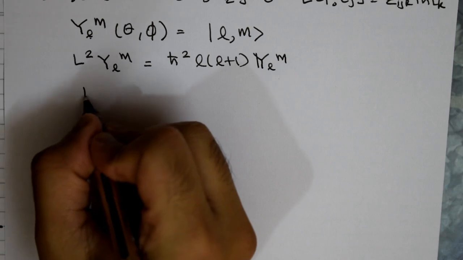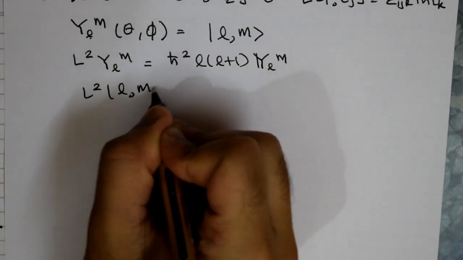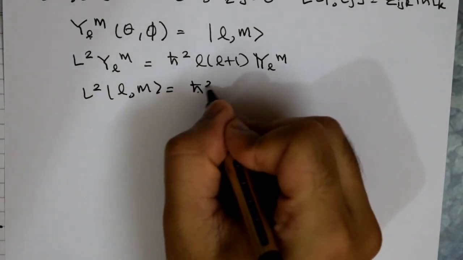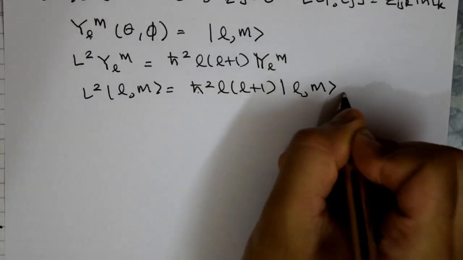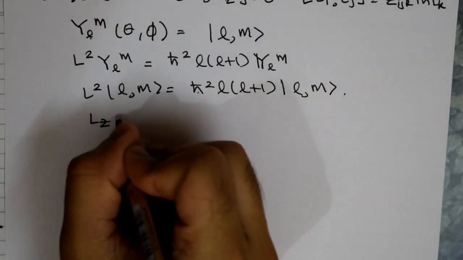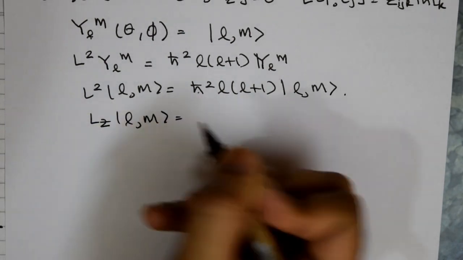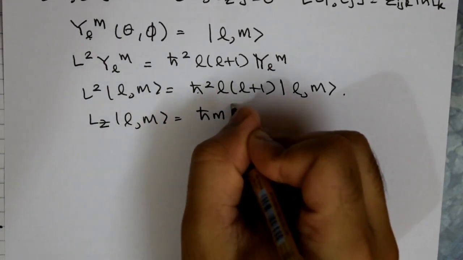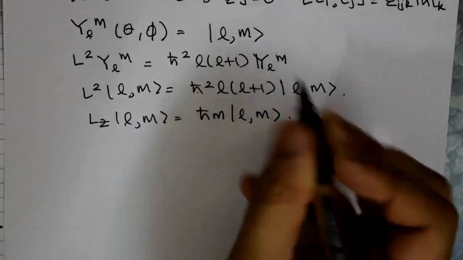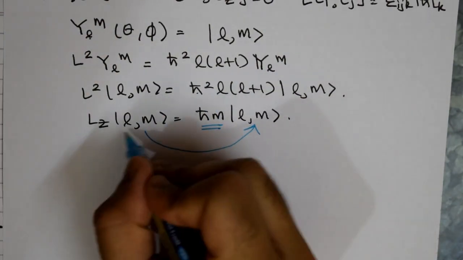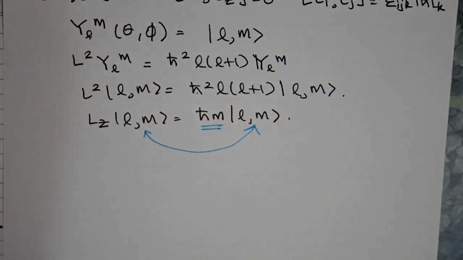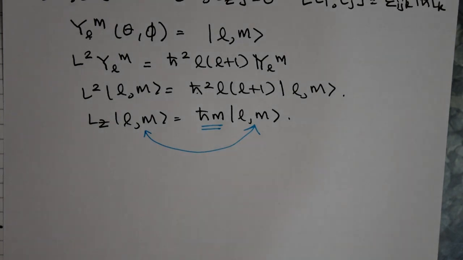So this can also be written as L squared |l, m> equals ħ squared l(l+1) |l, m>. On the other hand, Lz on |l, m> in the ket notation will give you ħ times m |l, m>. We start with the function and get the function back with a constant, so these are nothing but rewriting the eigenvalue equation in different forms.